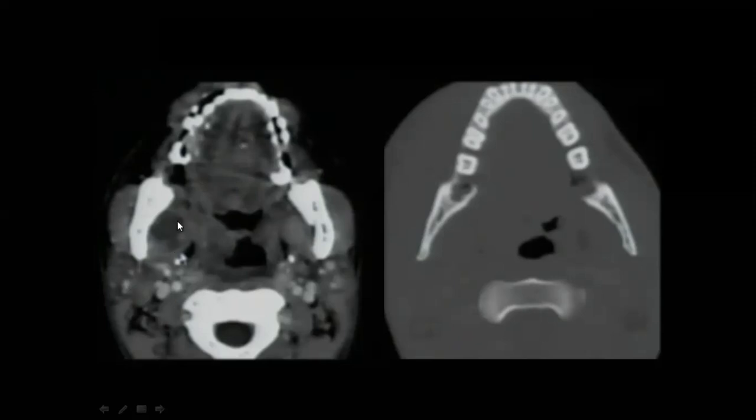So this is in the muscle here. What could this muscle be? And what is this appearance? And if you look, you have something in the X-ray also. So maybe related to infection, abscess, or a collection. Any other suggestions?